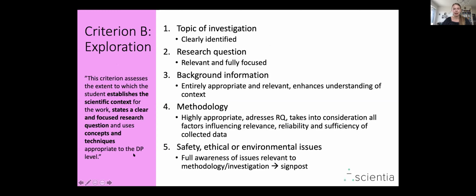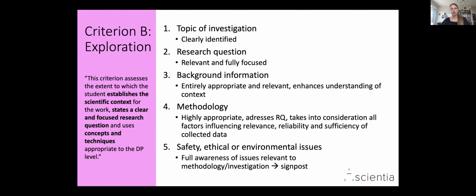Secondly is criterion B, which is exploration, where you'll want to include the topic of your investigation and have that clearly identified, and then the research question, the continuation of that, and have that be relevant and fully focused, which is to say you need to include all of your variables in it.